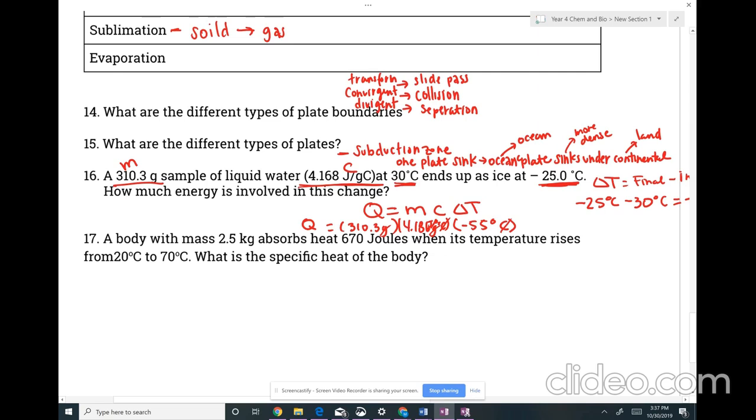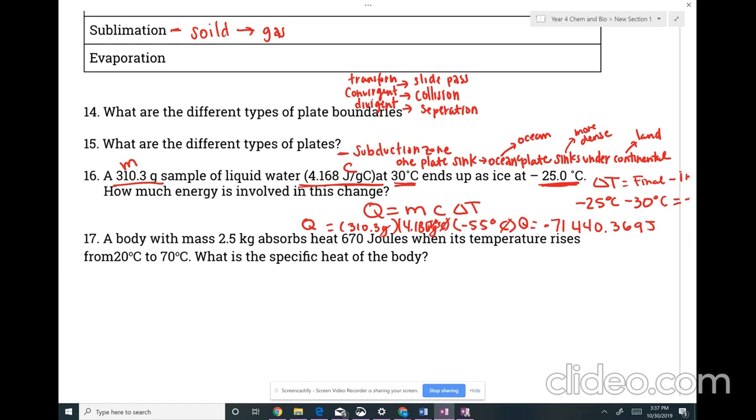And then I'm able to multiply this number: 310.3 times 4.186 times 55, and I should get 71440.369. And it's going to be a negative number of joules. The reason it is negative is, again, that we're going through the freezing process, so that number is going to be negative.